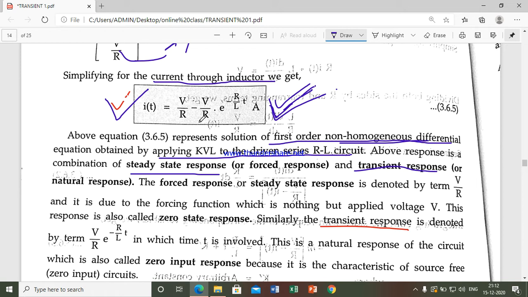In this expression you can observe that you have two terms. One term is the steady state, that is the forced response, and the next one is the transient response. The forced response or steady state response is denoted by this V by R. This first term is the steady state response, that is the forced response.